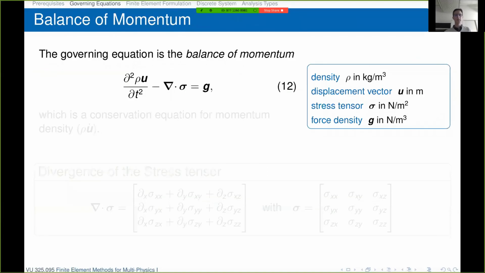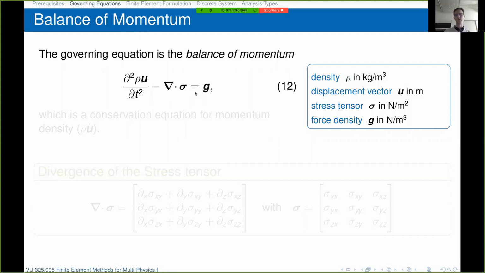So the governing equation for solid mechanics is the balance of momentum, and it's written here in equation 12. So we have the second time derivative of rho times u, where u is the displacement vector of any point in the continuum, minus the divergence of sigma, which is the stress tensor, we had it before, which equals a force density, so a given outer force in the volume.